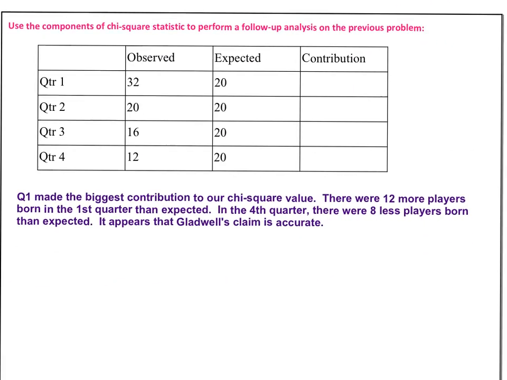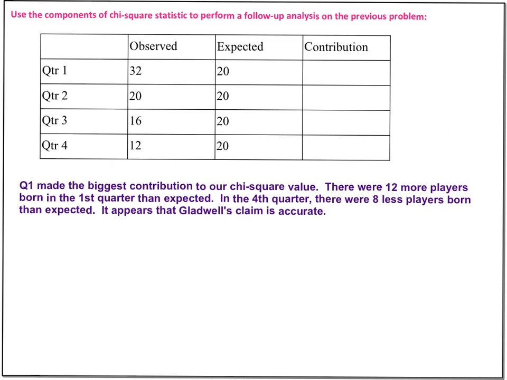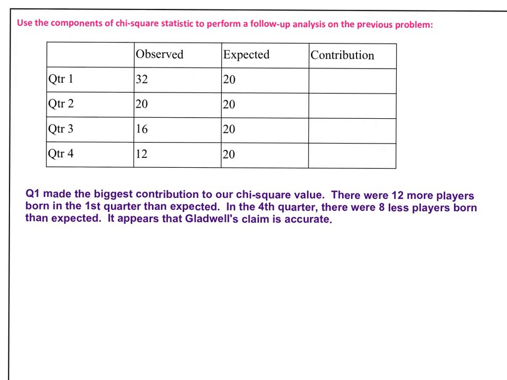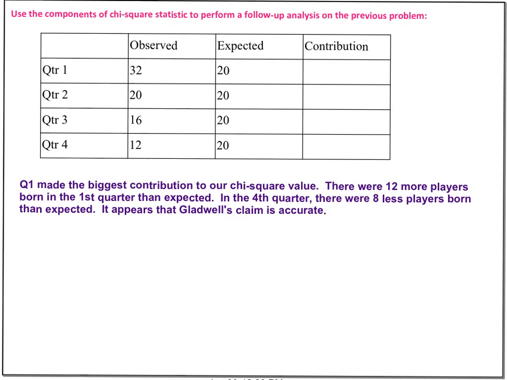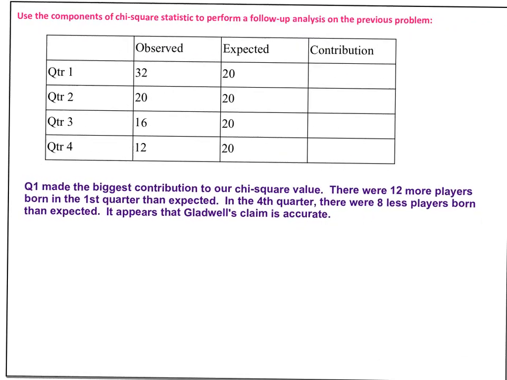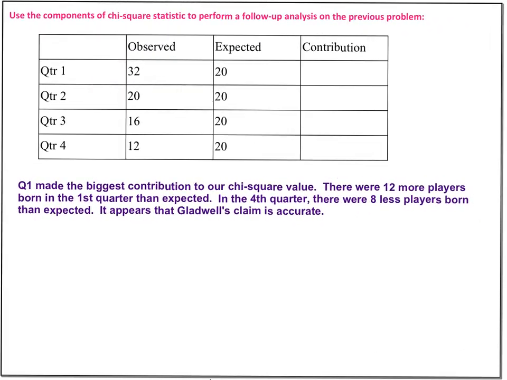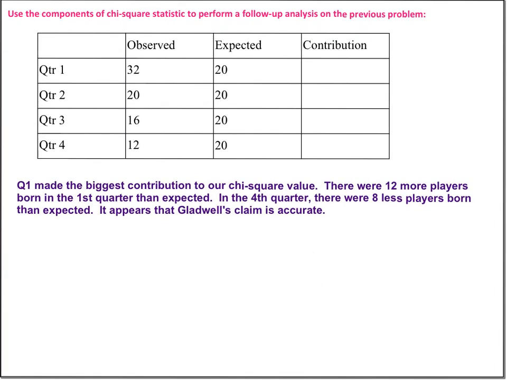If you get something like this, which is called follow-up analysis, you can get the contributions from the calculator, but if I broke it down, for that chi-squared value, we kind of talked about how each quarter was not appearing like it was contributing to the chi-squared value equally. Quarter number 1, which is January, February, and March, they had a lot higher observed.